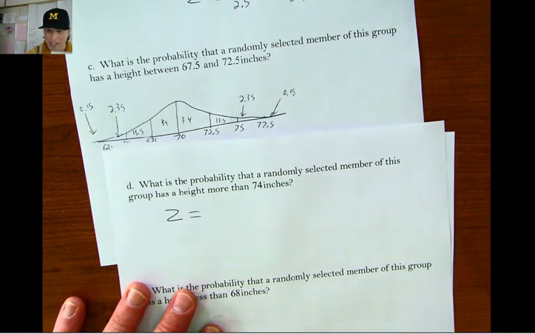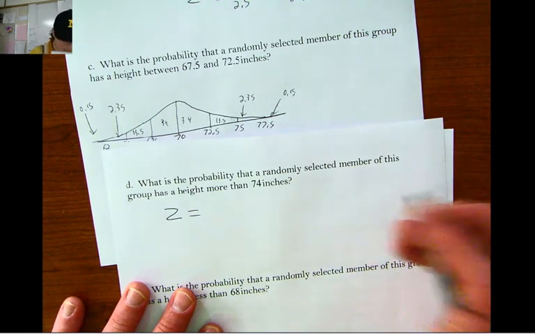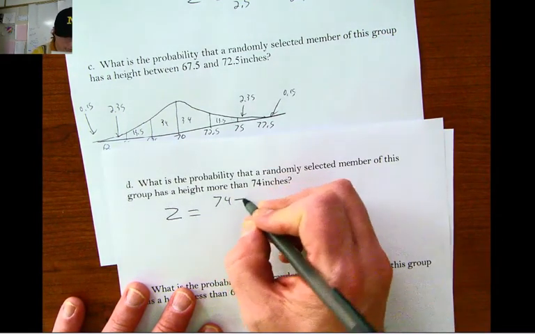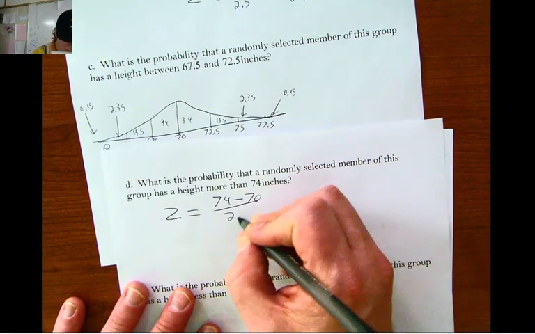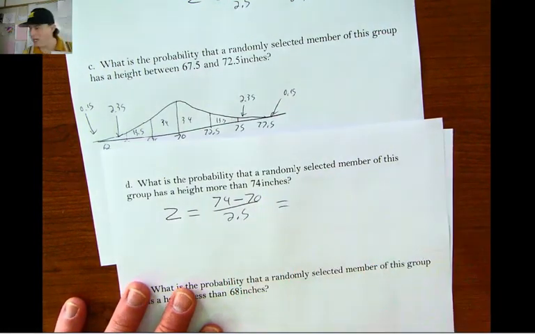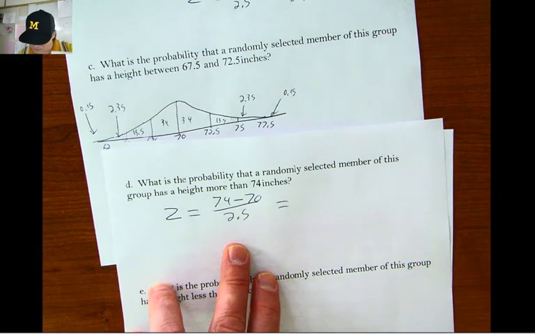Exactly how many standard deviations are we from the mean? So the data value, 74, minus the mean, 70, divided by the standard deviation, 2.5. Get a decimal on this, and you're going to go as accurate as possible.